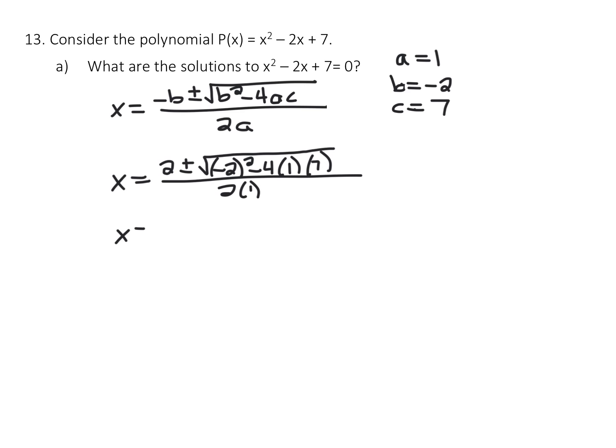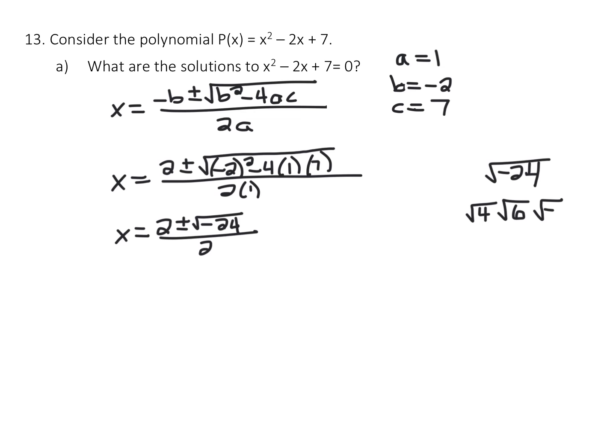All right, so x equals 2 plus and minus the square root of that, let's see, 4 minus 28 would be -24, over 2. I'm going to break up the negative radical 24 off to the side here. 24 breaks down into radical 4, radical 6, and then we have that -1.